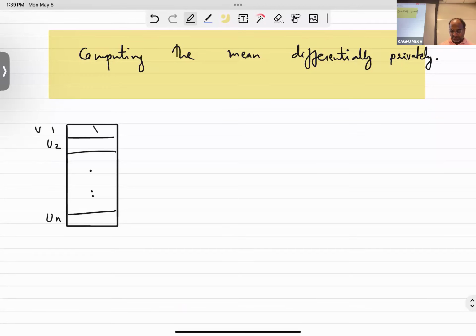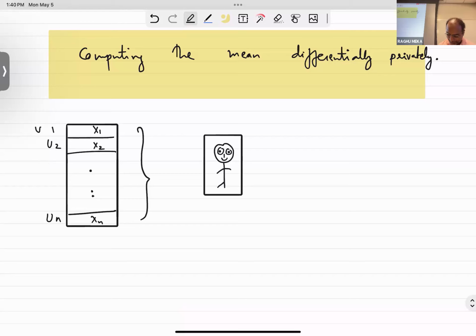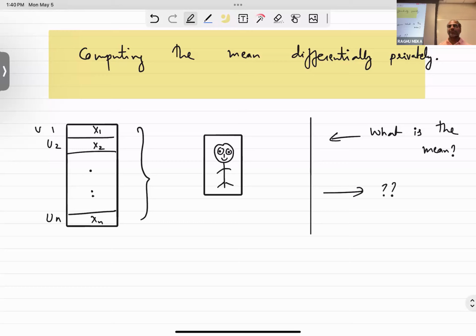Let's imagine each user has a single attribute. And we have our curator sitting in the middle. Then someone comes and asks, what is the mean? And the curator has to answer something.